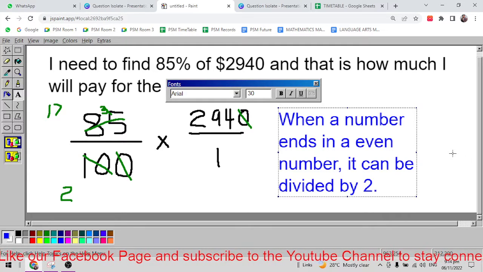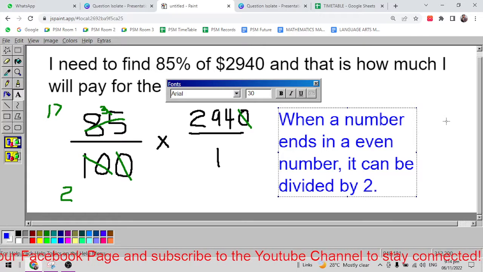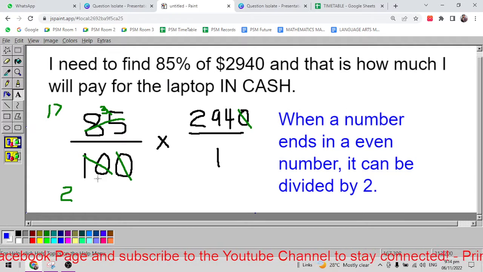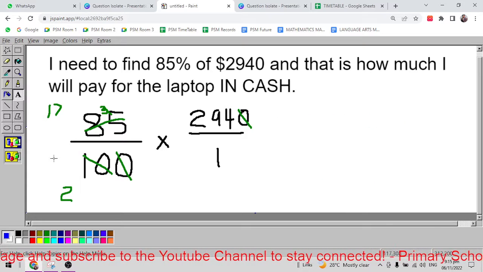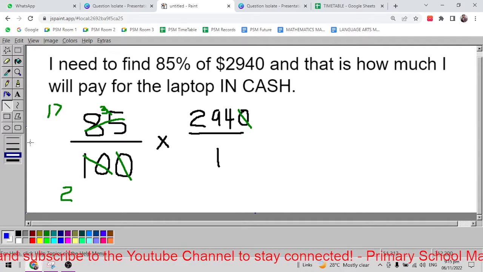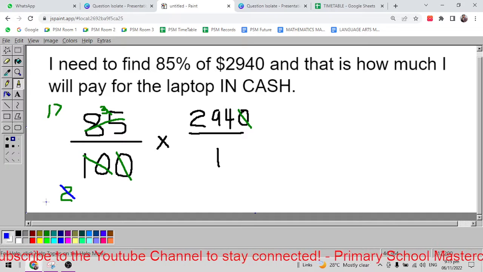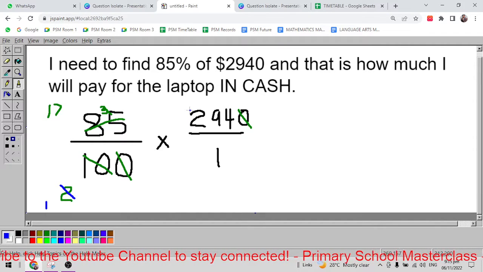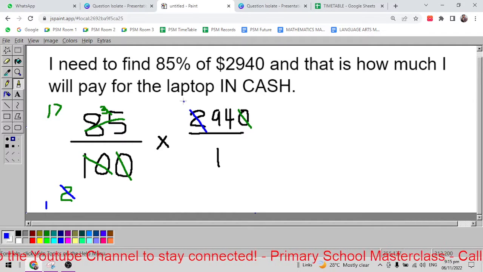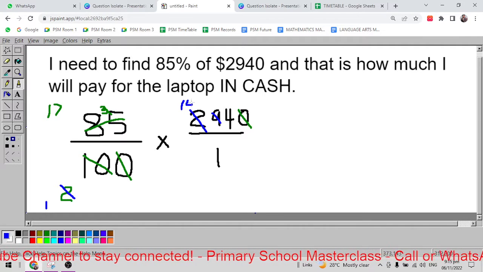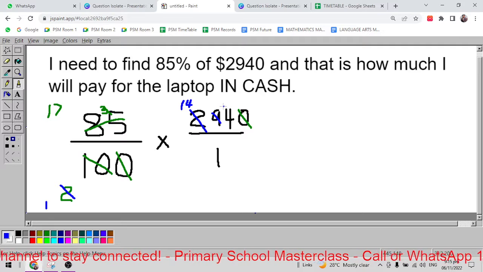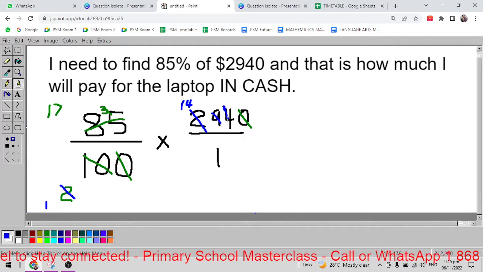So 294 ends in a 4, and obviously 2 is a 2, so 294 can be divided by 2. Let's go. 2 into 2 is 1. 2 into this 2 up here is 1 also. 2 into 9 is 4, because 4 2s are 8, and then I have a remainder 1. 2 into 14 is 7.